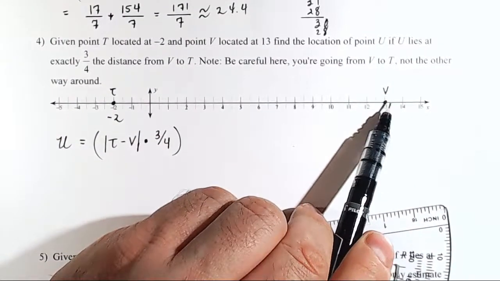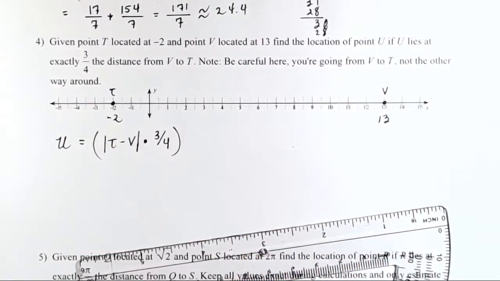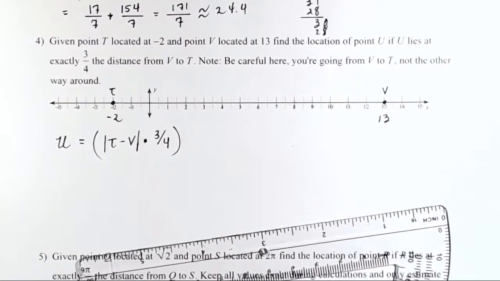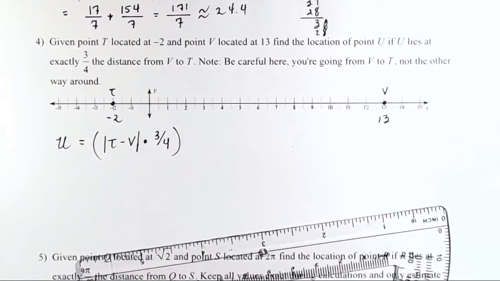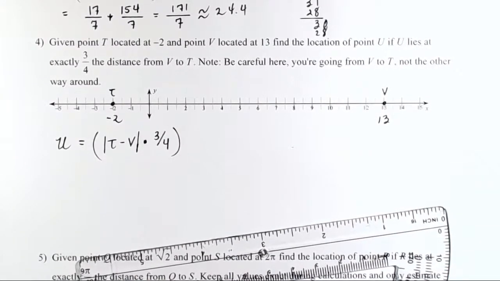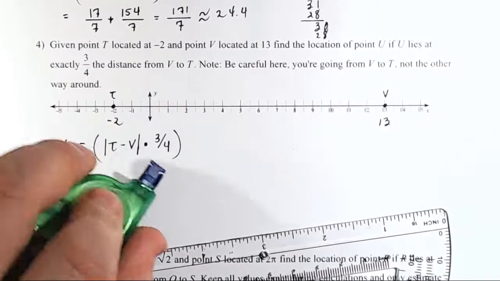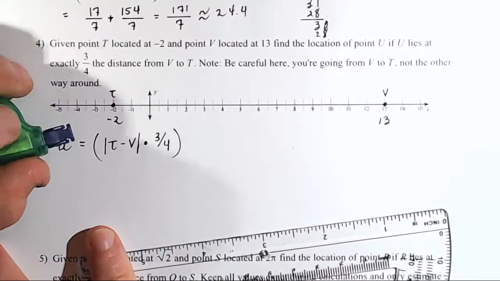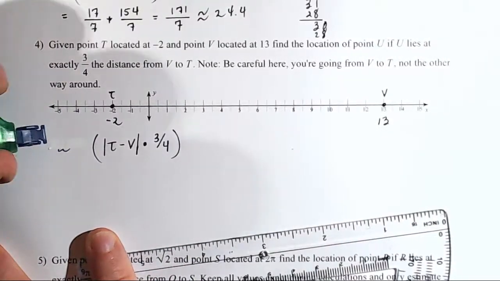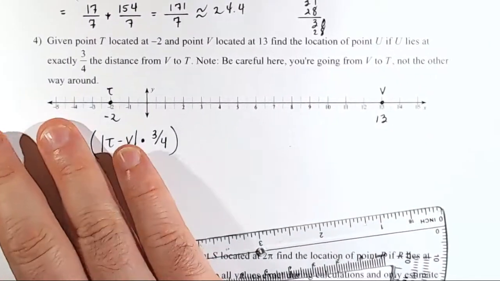So we're going from V to T. Ah, I know what to do. So this whole thing, I know what to do. This is where it's weird. So once we find this, here's what we're going to do. See if you follow what I'm doing.